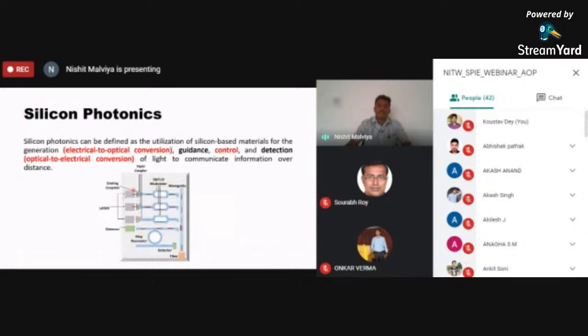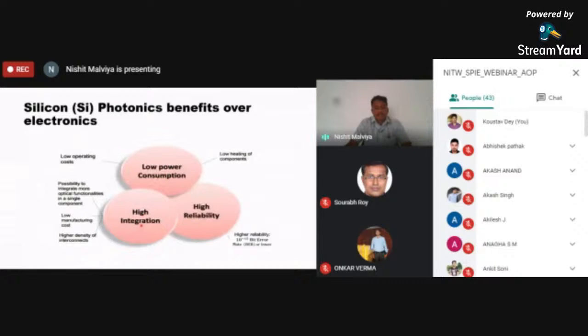In the previous slide, we saw that all the components are together, like the grating coupler, laser, detector, and other optical components, so there is high integration possibility. It also utilizes CMOS fabrication technology, so there is a low manufacturing cost and a high density of interconnects. All this provides a very high data rate.